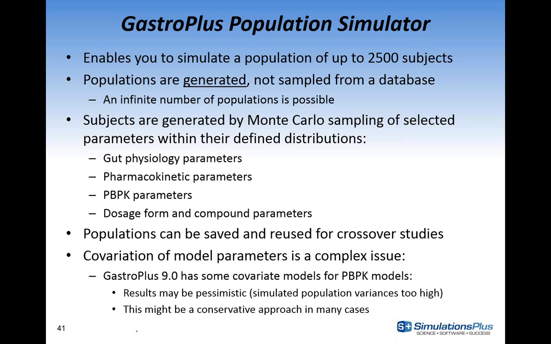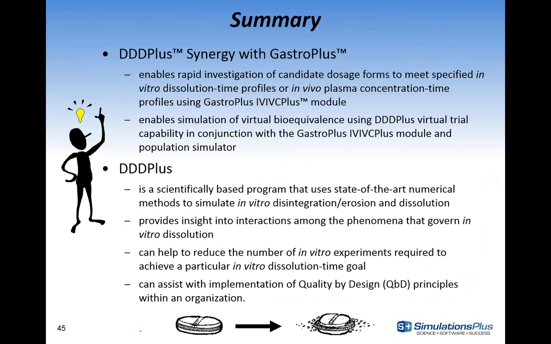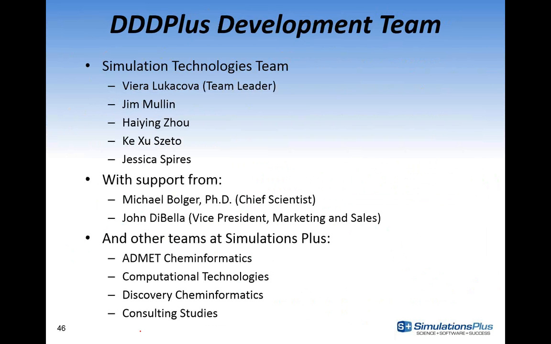Another question: are there any thoughts of being able to input the API polymorphic form into the DDDPlus model? Currently we have salt forms, where you could maybe account for your polymorph in the solubility if there are some differences. We don't specifically account for multiple different polymorphs of a drug substance currently.